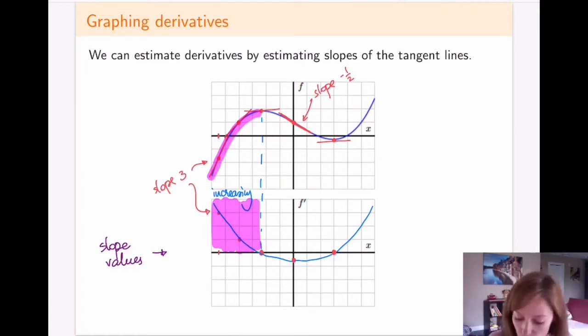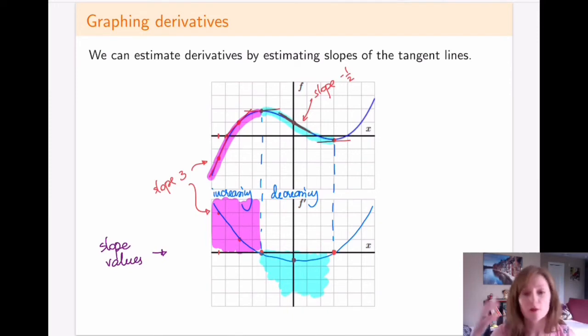For the second portion here, the graph itself was decreasing up until here, which means, of course, that the derivative, being the slope of a tangent line, was negative, so my graph had to lie below the x-axis, the graph of the derivative. And then finally, the last one, same thing again, so this was increasing once again.